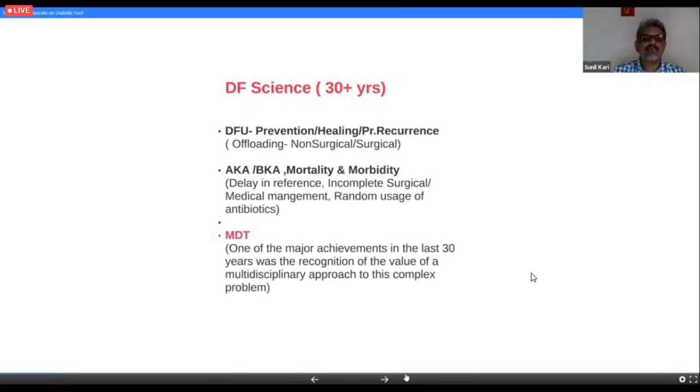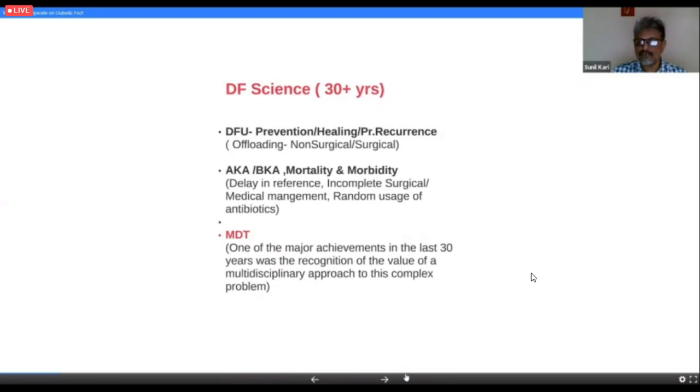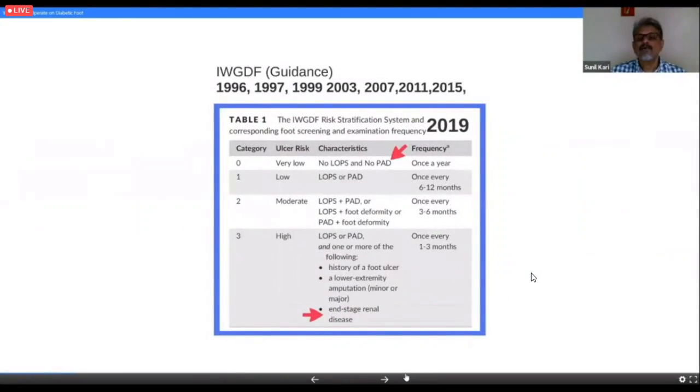One of the major achievements in the last 30 years was the recognition of the value of a multidisciplinary approach to this complex problem, and we always respect that a multidisciplinary team is very important in the management of the diabetic foot. As we are all aware of the International Working Group Diabetic Foot Guidance, the latest guidance of 2019 has made it very clear that PAD, peripheral arterial disease, has taken the upper hand, and you have to categorize as zero after screening the foot for arterial diseases.